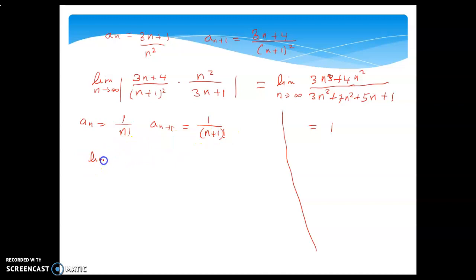Then the limit as n goes to infinity of 1 over n plus 1 factorial times n factorial gives us the limit as n goes to infinity of 1 over n plus 1, which is equal to 0. So this also converges.